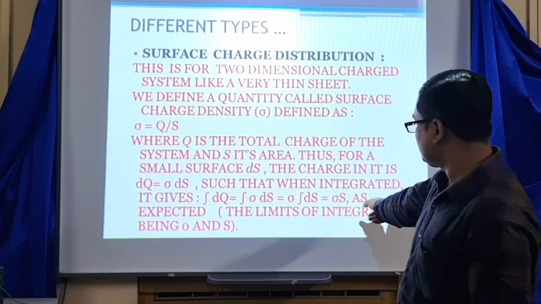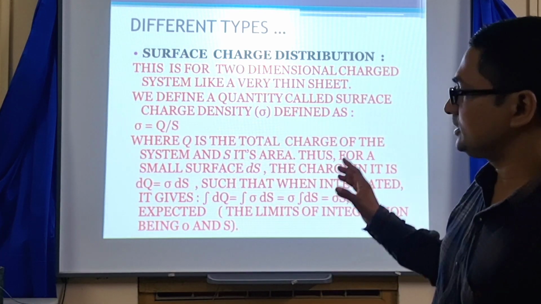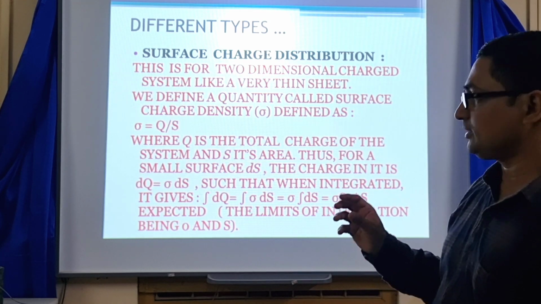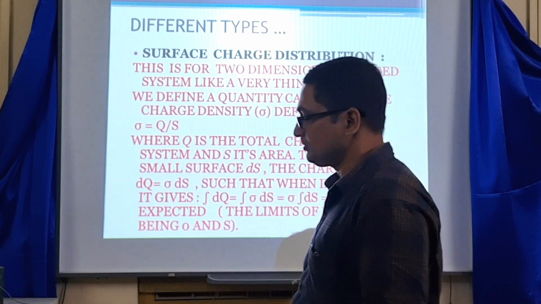The limits are 0 to S as it should be, because the small area will start from 0, and the maximum area will be S. So this is all about surface charge distribution.